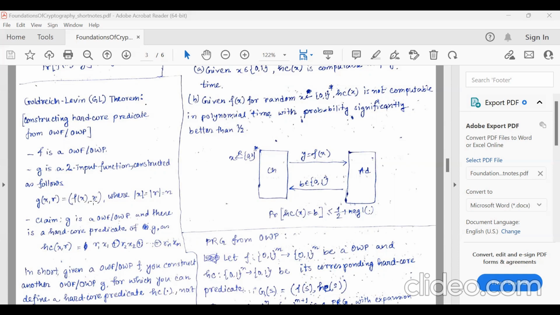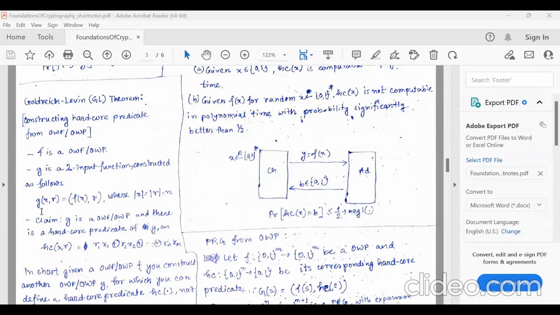Seeing the first half of the output, guessing anything about the first part of the input is impossible. Although information about r is easily available by seeing the output of g(x, r), the information about x is hard to compute.